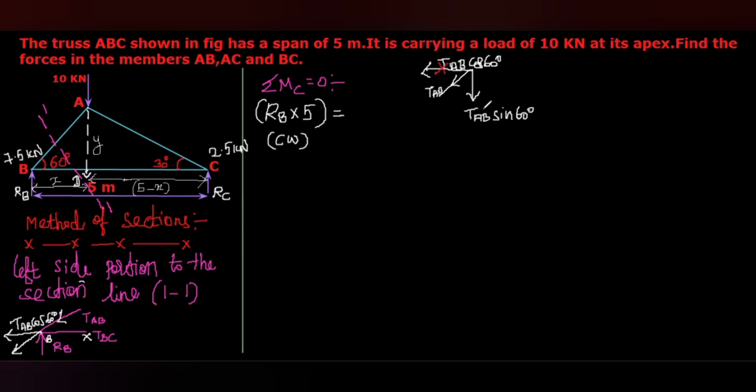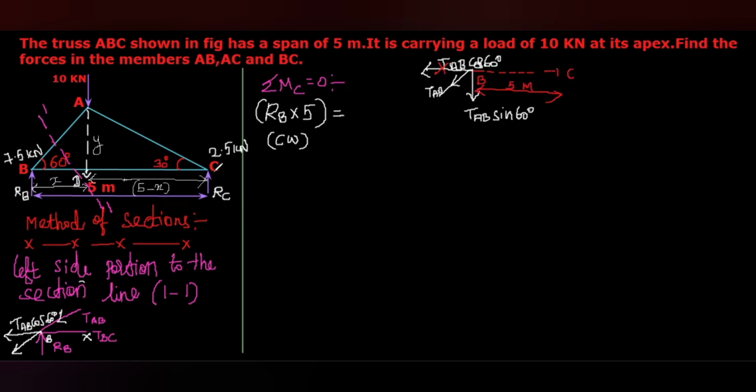So the moment due to TAB sine 60, this is a downward force, is the downward force multiplied with 5. When you take moment about C, if it is downward, then that will be in the counterclockwise direction. From the point B, C is here, and this distance is 5 meter.